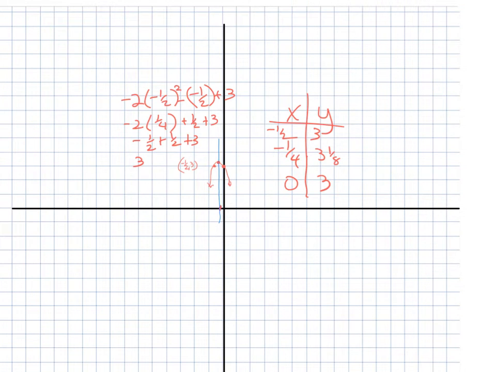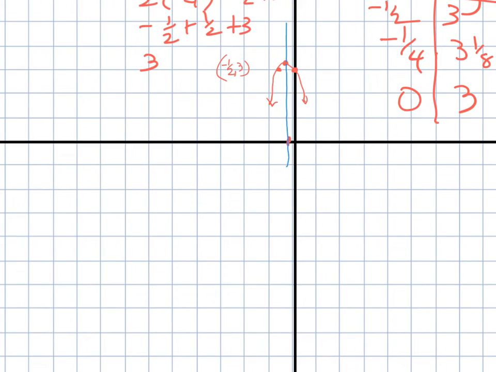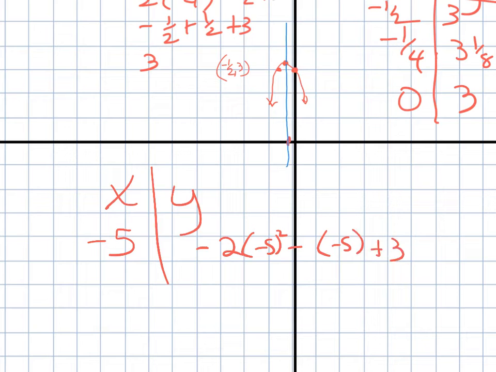Now, if it asks you to find the x-intercepts, then I would factor that thing. Let's say you didn't want to put in 1/2. Let's say instead I wanted to put in negative 5. So then I would just take negative 2 times negative 5 squared minus negative 5 plus 3, negative 2 times 25.